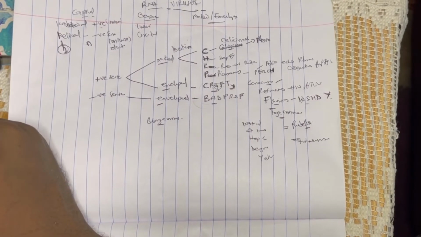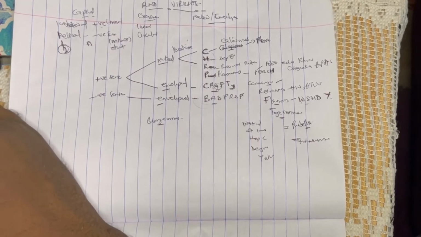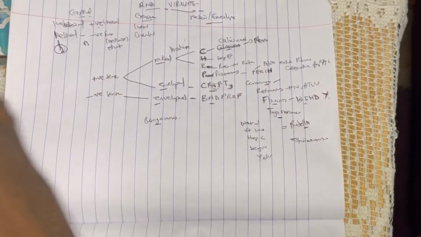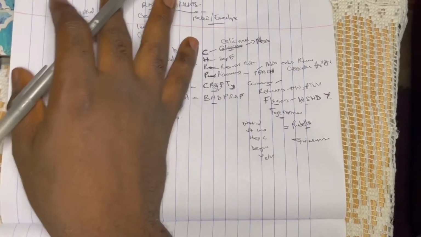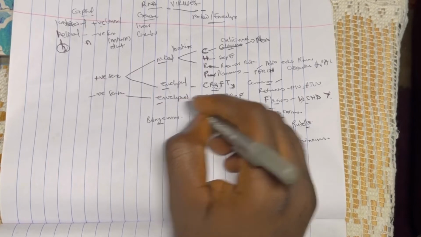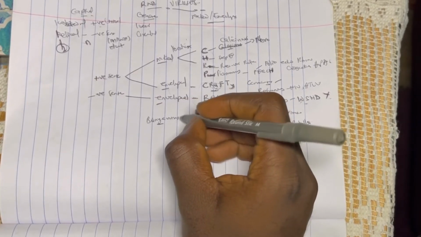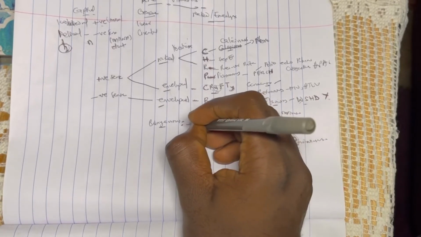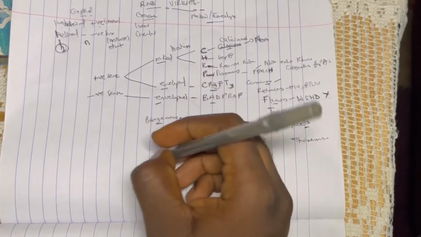You can't know everything, so you learn what you can. We know the DNA viruses, we know the RNA viruses, so we just know the Bunya virus is negative sense enveloped. Because there's a lot of organisms and the mnemonic is a bit complex, I just skip that for now. And then we'll do the rest, okay?